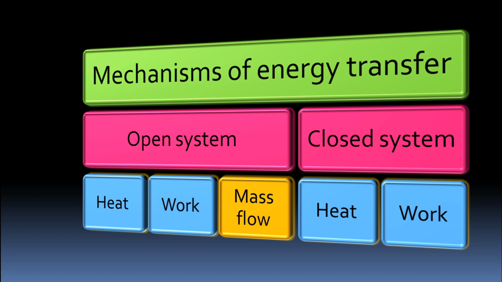It is flowing mass. Mass carries a certain amount of energy, so that would be considered as an energy form. So in an open system, any of these three types, or a combination, or any one or two could happen depending on the process. In a closed system, only heat and work, because mass entry is restricted or prohibited, we can say.